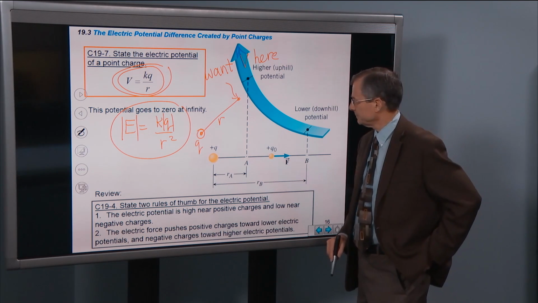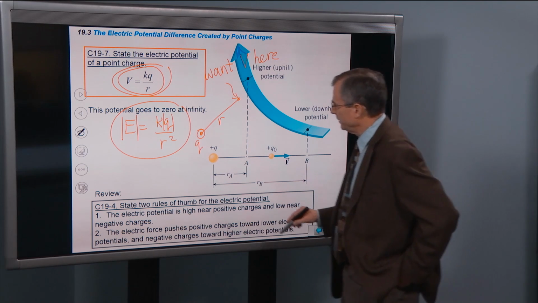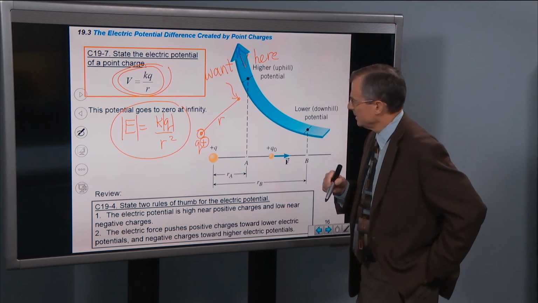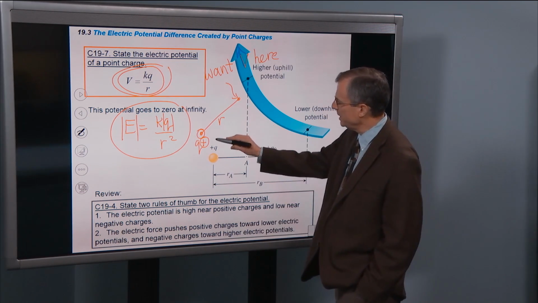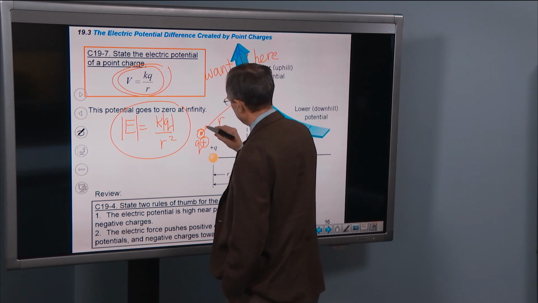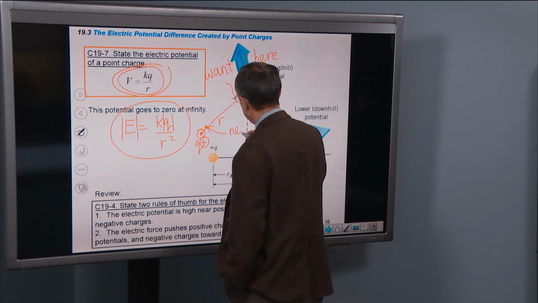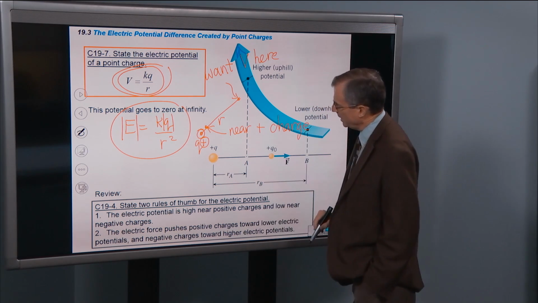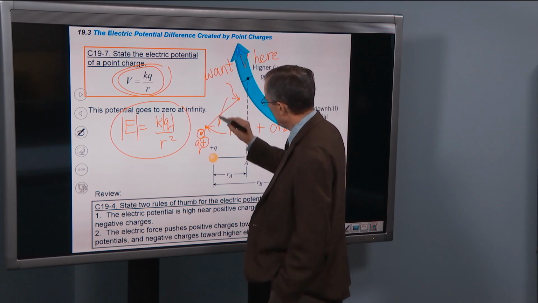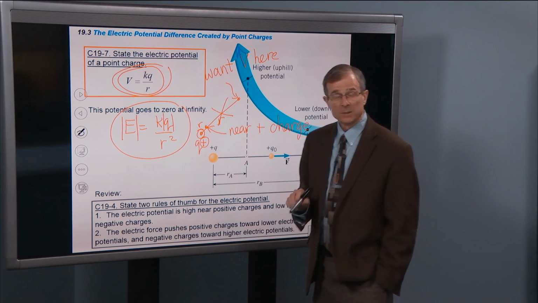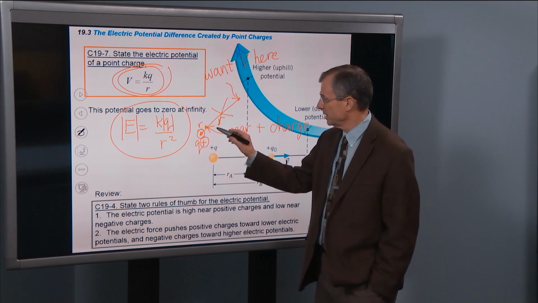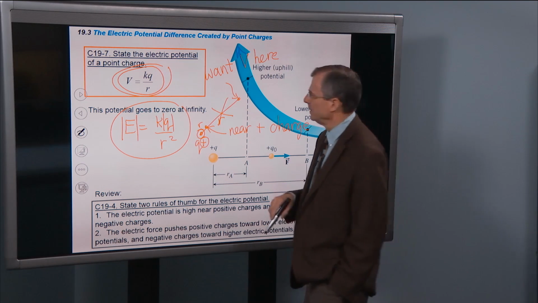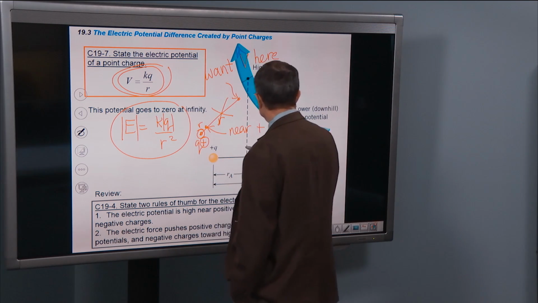All right. Let's take a look at that. If this charge is positive, and if we're near the positive charge, then r isn't way out here. r is really small. So the distance between the charge and the point where I want the electric potential is small.